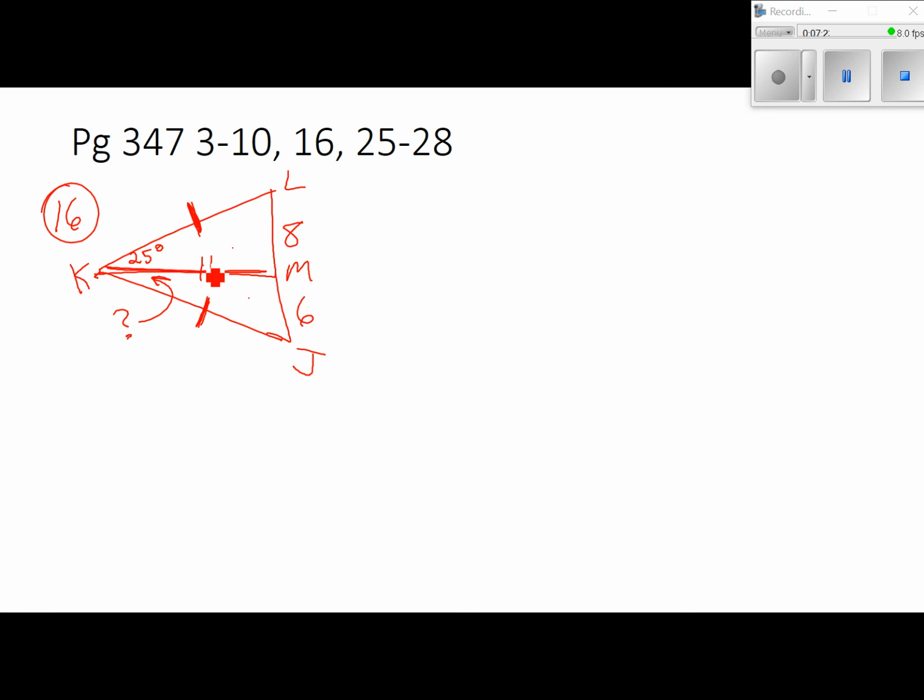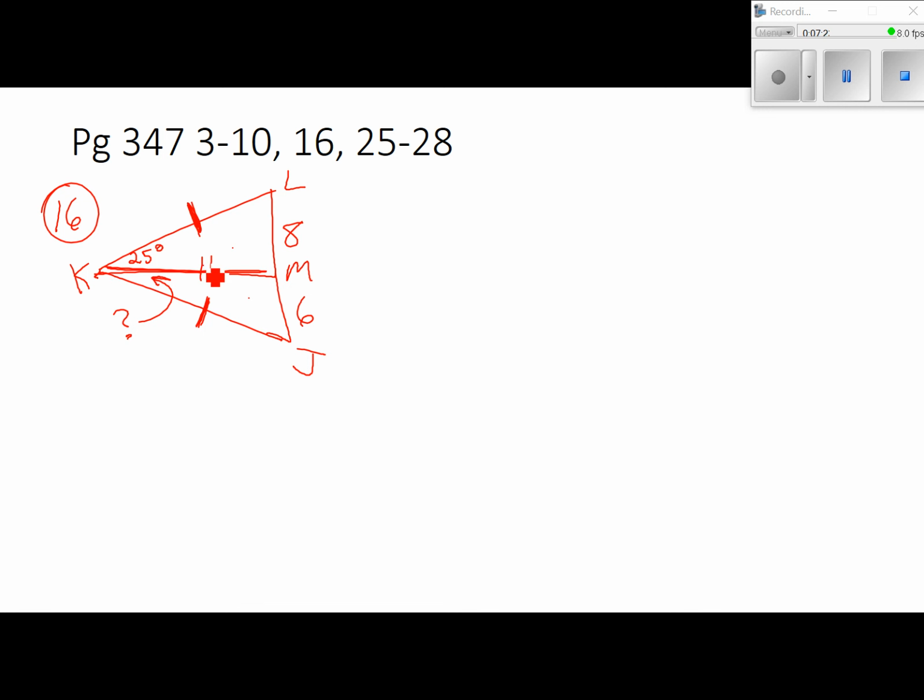So we can compare these angles because they're in between those two sides. They're the included angles. We know that this 25-degree angle is across from a side that's 8. This angle, even though we don't know it, we know it's across from a side that's 6.